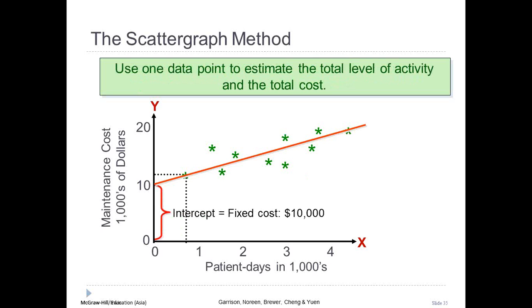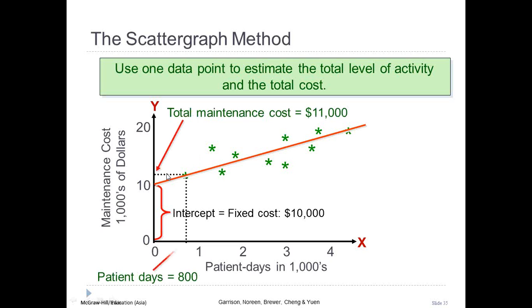If we're able to plot the data on a scatter graph, and it's not too dispersed, and we can put a line through it, reasonably clustered around the line, then we can use that line as a predictor of a specific number of activities on the horizontal axis and the costs on the left.